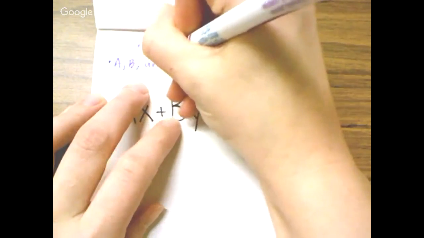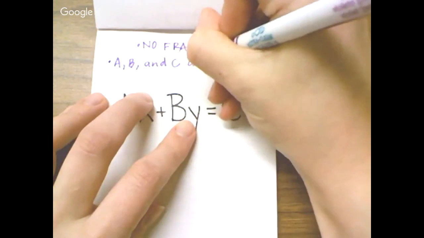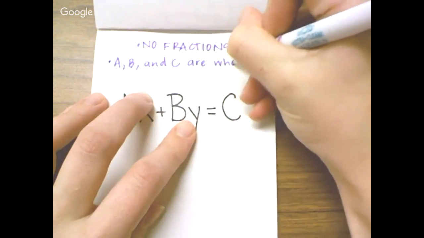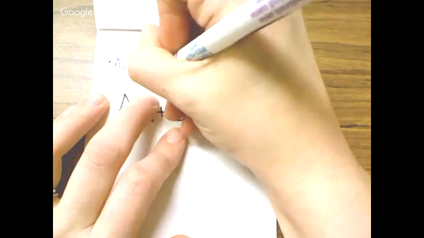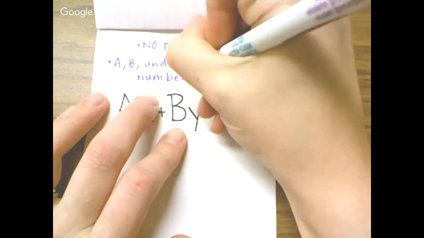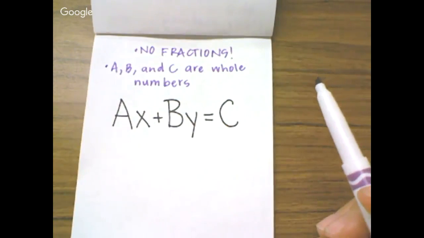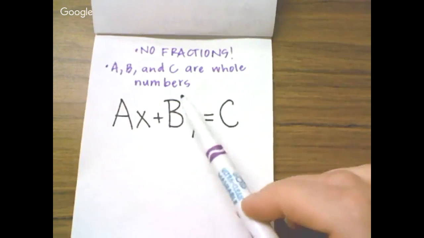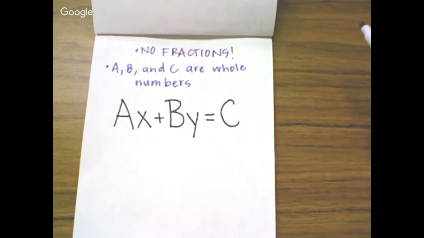The second one is that A, B, and C are whole numbers. Okay, so the no fractions tells you they have to be whole numbers. That's all three of them. So that's my first restriction.